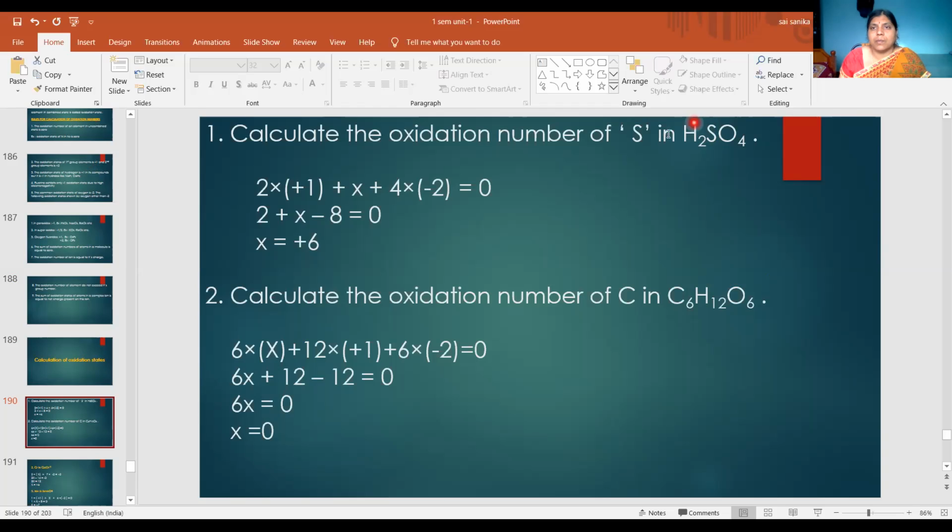Now I will use the whiteboard. Okay, so here we are taking the H2SO4 molecule.